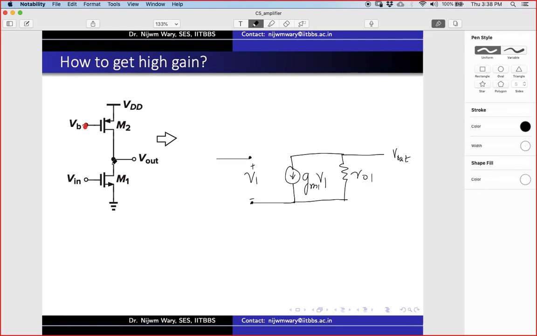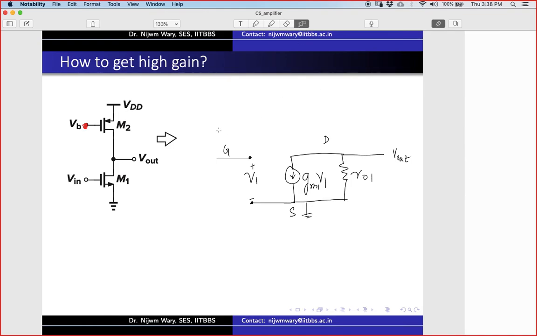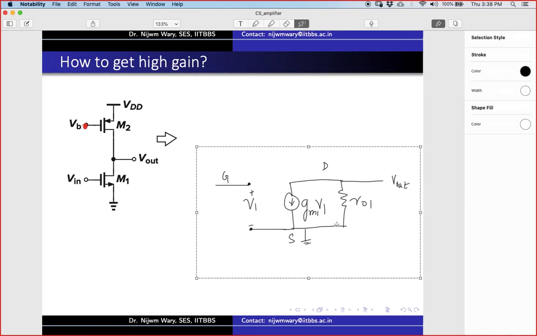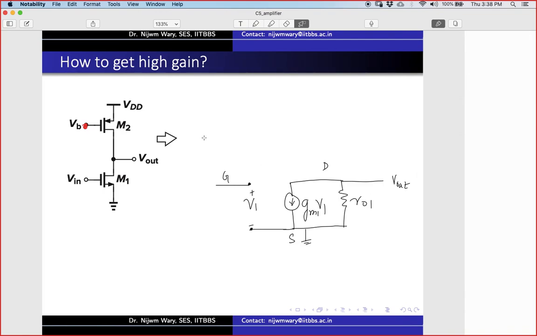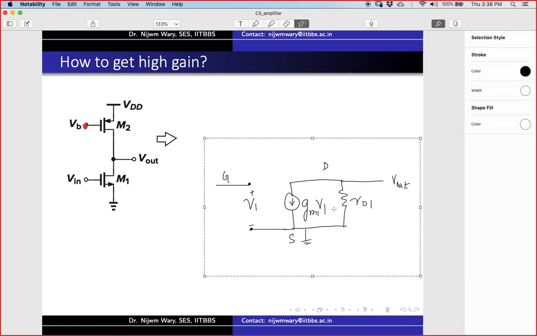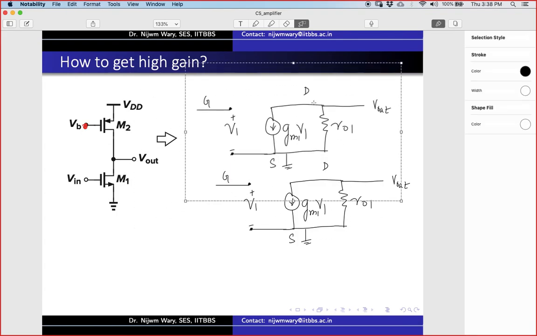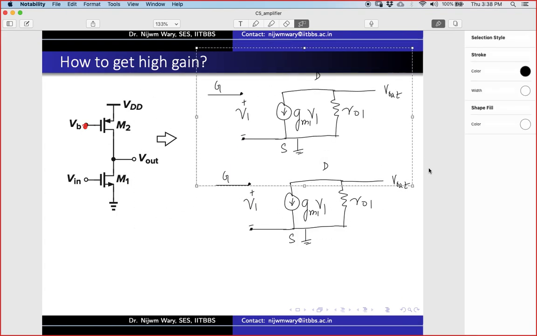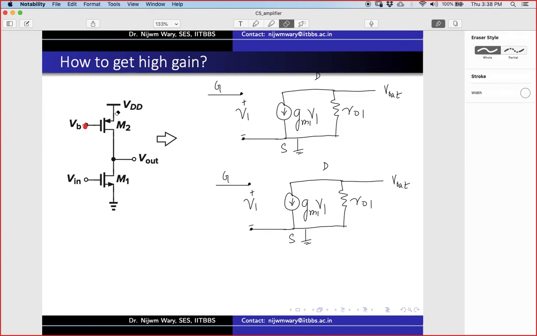Similarly, this is the gate, this is the source, this is the drain, this is shorted at the ground. I can draw similar things for the PMOS device also. The PMOS device will have the same kind of configuration. Only thing is that now my source is not shorted here. My gate is connected to a fixed DC voltage, and in terms of AC analysis, we know that it should be grounded.